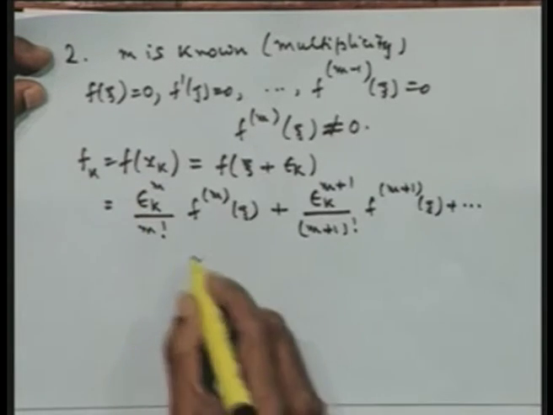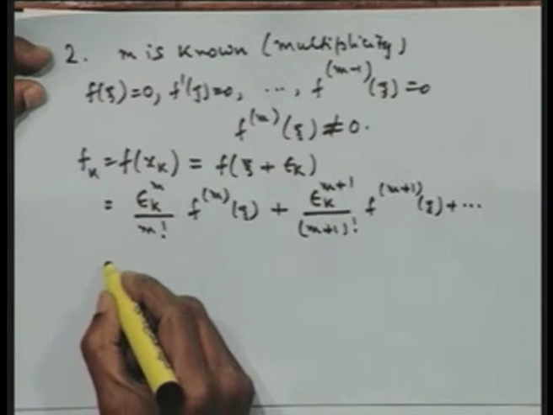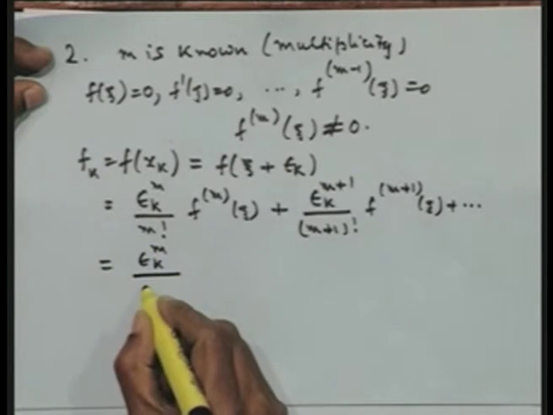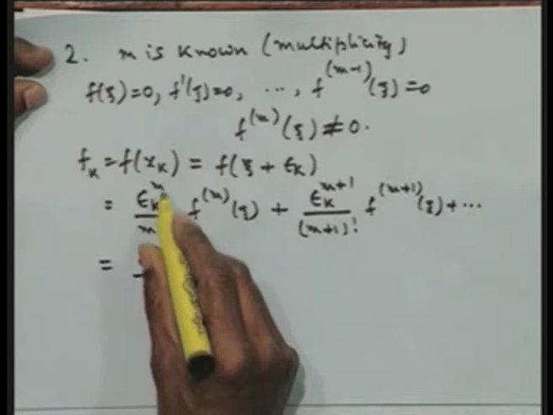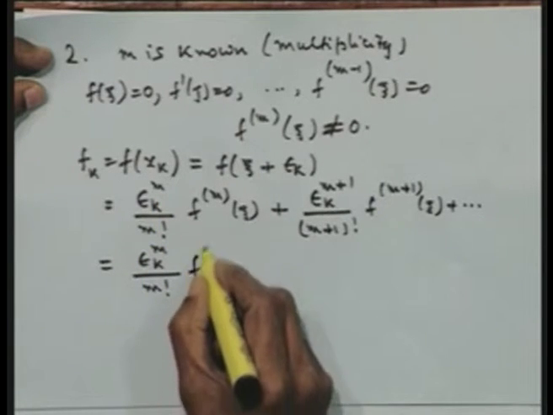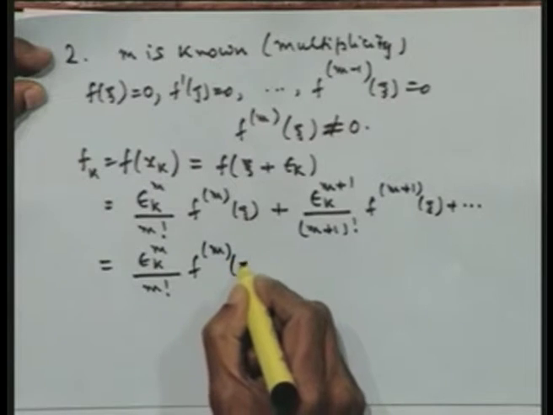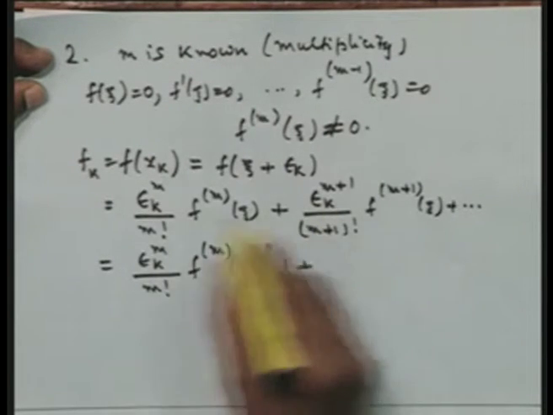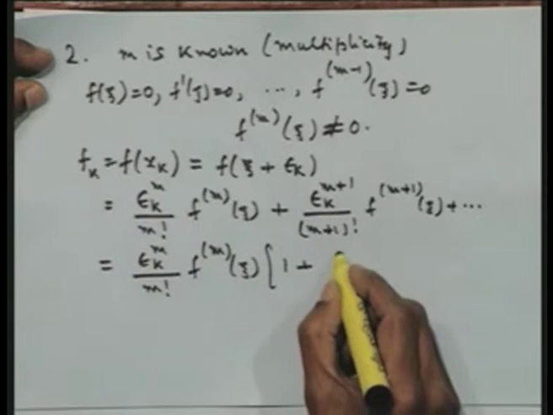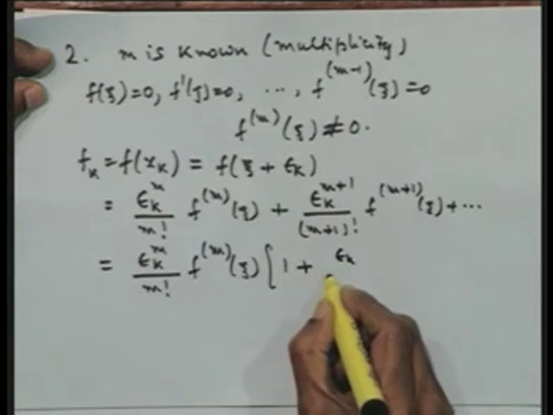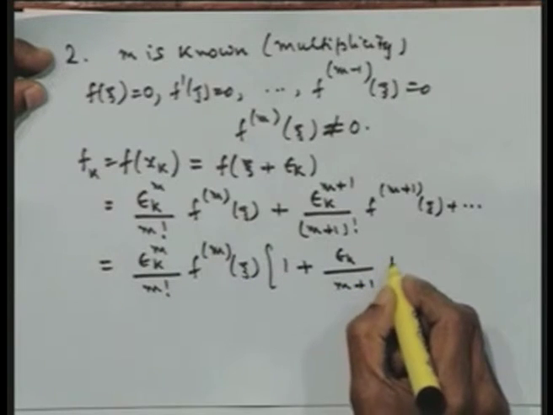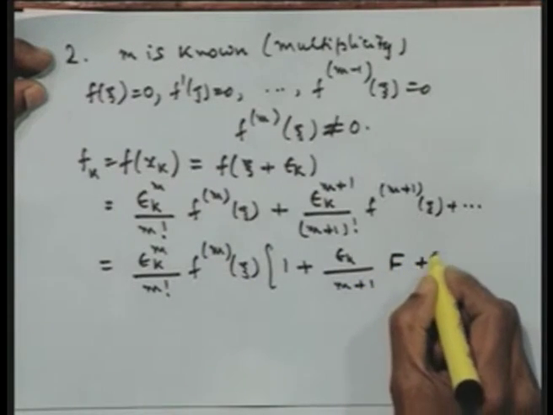Before I write the denominator, let us first simplify this expression and take out whatever common factor is possible. I will take out the factor epsilon k to the power of m by factorial m, f m of xi, and write this as 1 plus epsilon k, which is left over, divided by m plus 1, times this ratio, which we will call f.